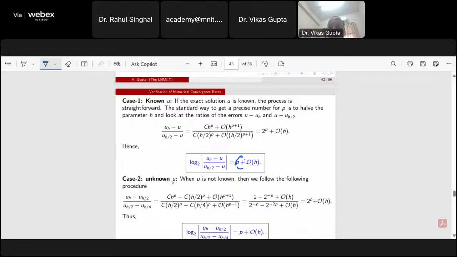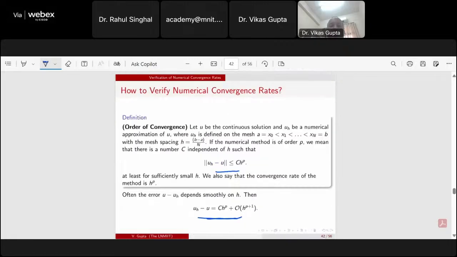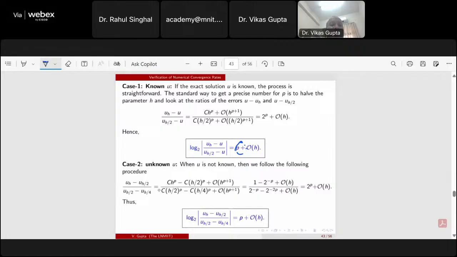So again, we can get this kind of relationship here in this ratio as well. There is no harm if we add u and subtract u. So it will be like this: uh minus u plus u minus uh by 2.